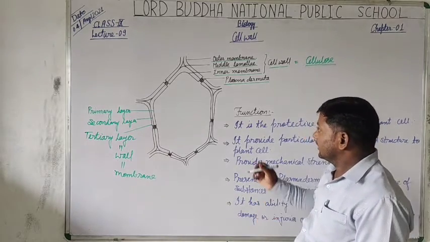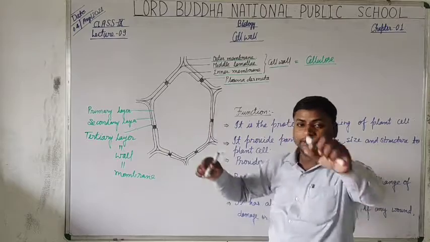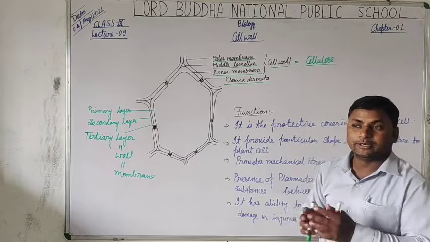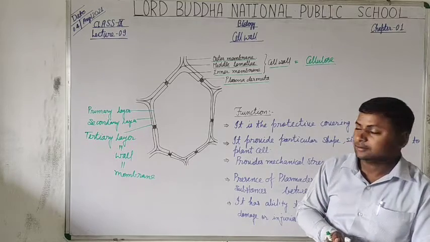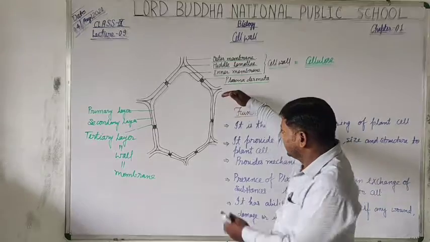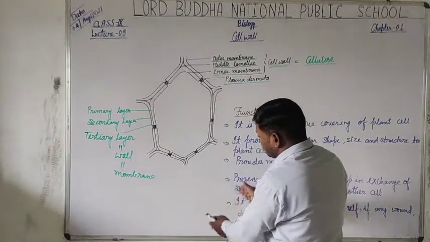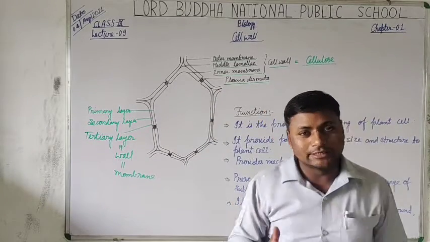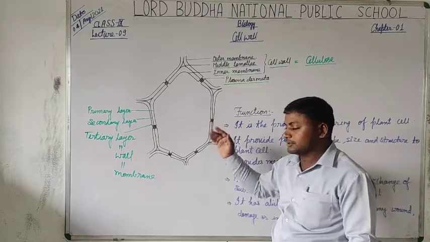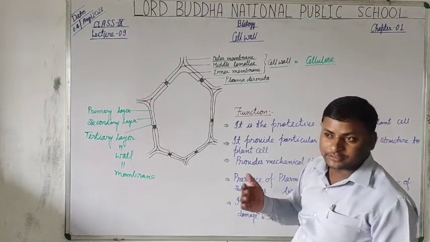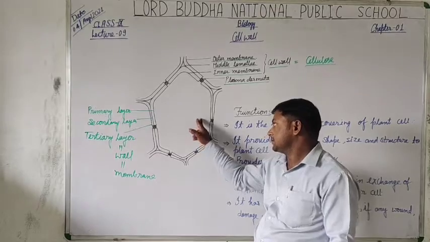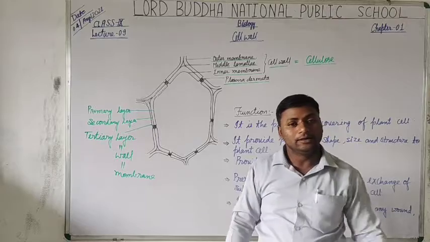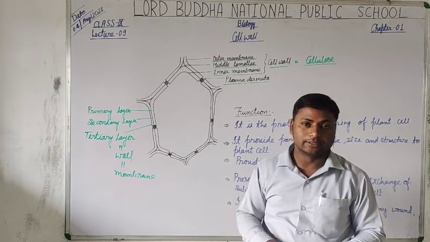For example, there is a cell here and another cell here, and these are neighboring cells. In between neighboring cells the exchange of substances takes place, that is, transportation takes place with the help of these minute pores called plasmodesmata. Is that clear, students?